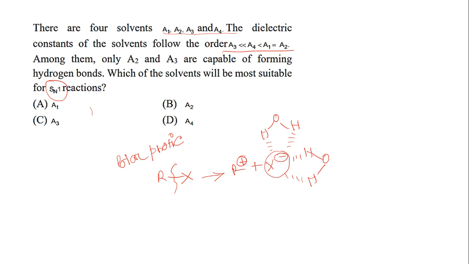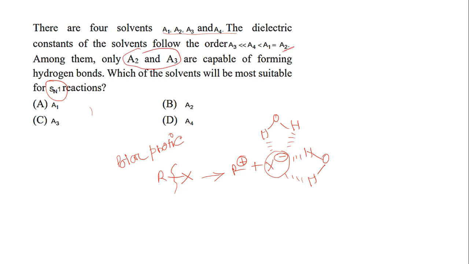Okay. Now if that is the case, then obviously A2 and A3 we will give preference compared to the other two solvents. That means A4 and A1 will be cancelled. So now among A2 and A3, which one we should choose?